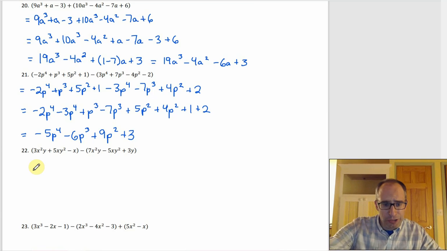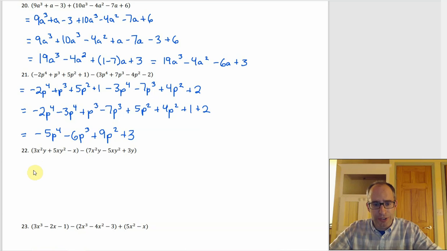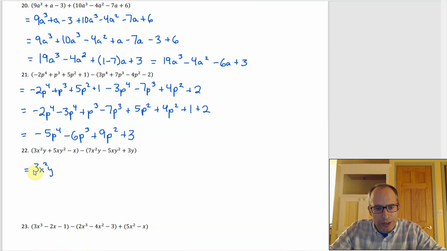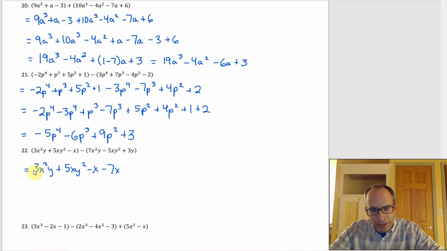All right, so since we're subtracting, again, we're going to distribute the negative before we do anything else. So first one you can just write as it is without the parentheses, so 3x squared y plus 5xy squared minus x, and then distributing the negative, minus 7x squared y, and then minus negative 5xy squared would be plus 5xy squared, and then minus 3y.